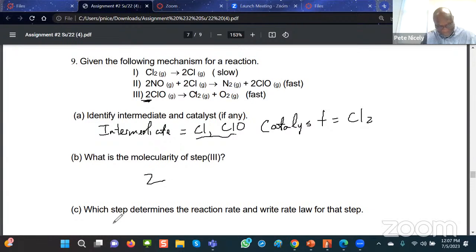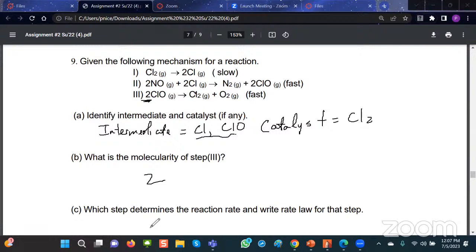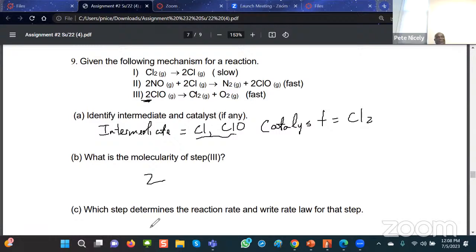Okay, the C part says, which step determines the reaction rate, and write the rate law for that step. So of these 3 steps, which step would determine the rate of the reaction? Would it be step 2? Okay, so let's remind ourselves of what we mean by the rate determining step.